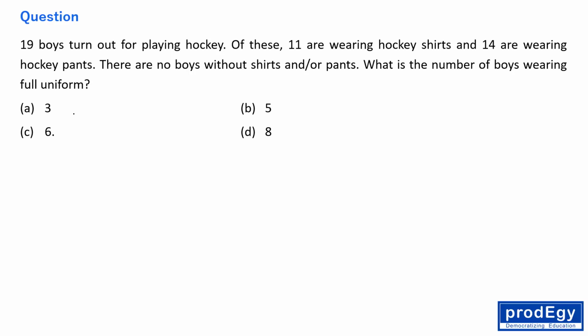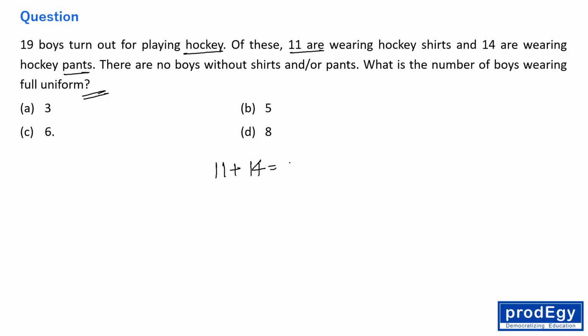The question is saying 19 boys turn out for playing hockey. Okay, of these 11 are wearing hockey shirts and 14 are wearing hockey pants. There are no boys without shirt or pant. What is the number of boys wearing full uniform? Okay, so 11 plus 14.